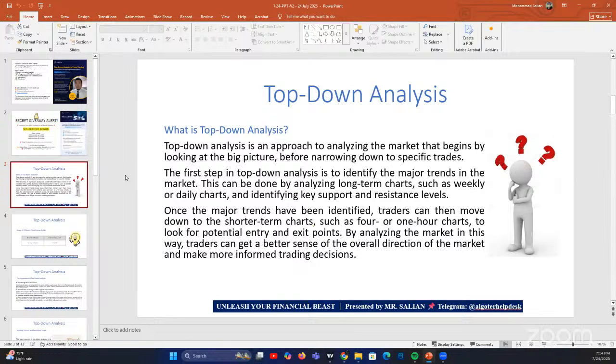So this can be done by analyzing long-term charts, such as weekly or daily charts, and identifying key support and resistance levels. Once the major trend has been identified, now you know it's more on bullish or more on bearish, traders can then move down to shorter-term charts, such as the 4 or 1 hour charts, to look for potential entry and exit points.